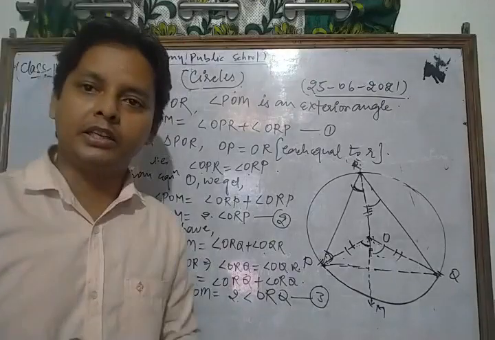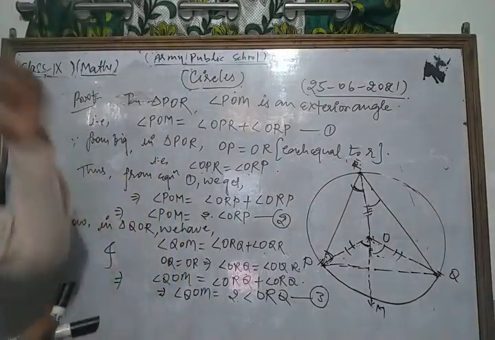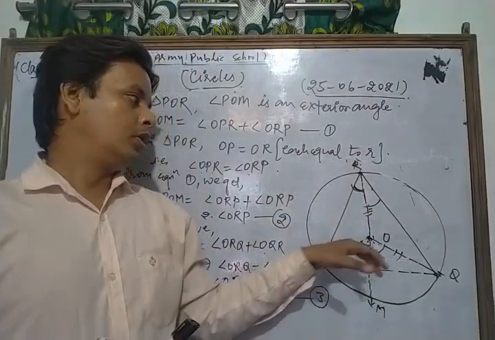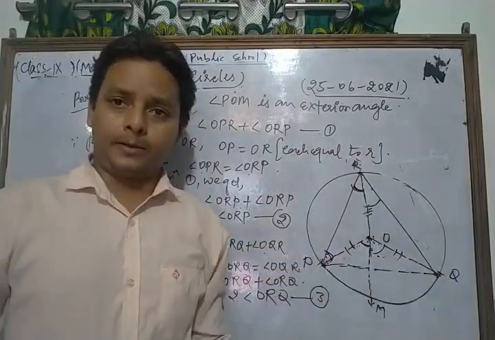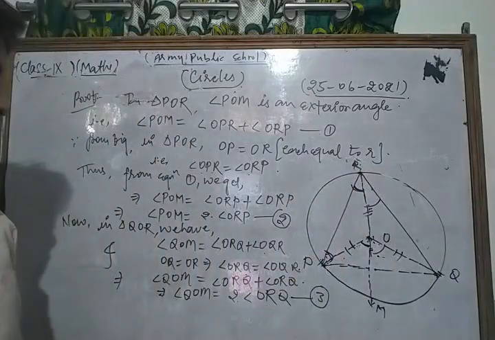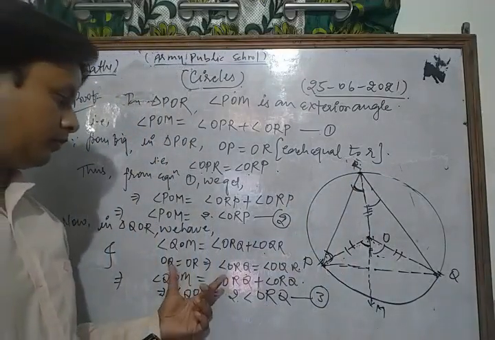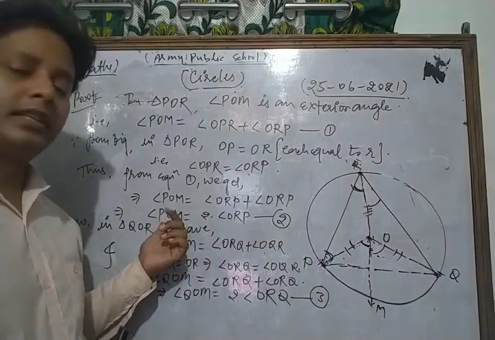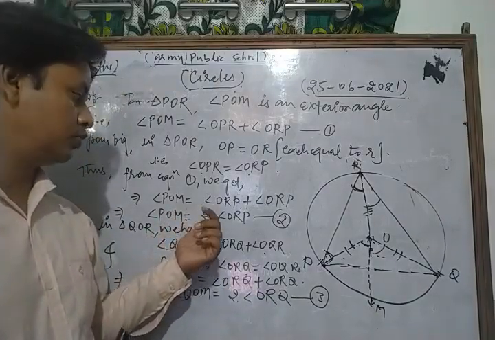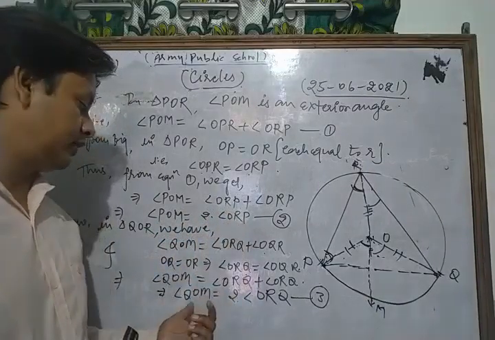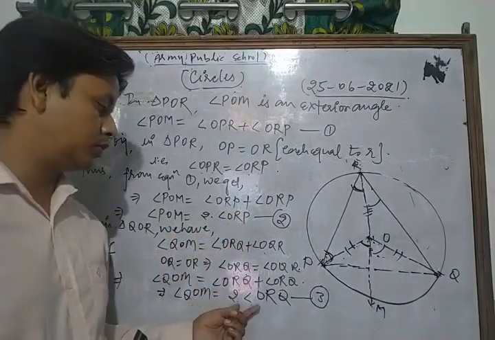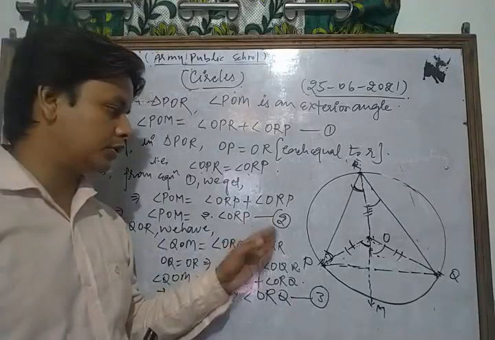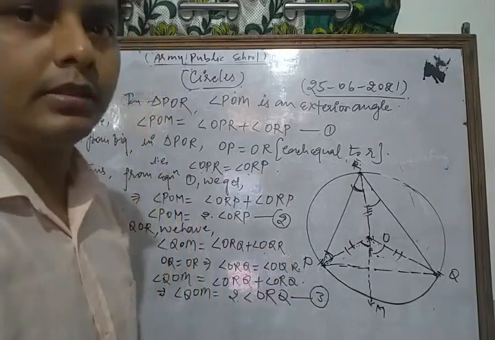Dear students, in this way, with the help of triangles OPR and OQR, we find a very important relation. First, angle POM is equal to 2 times angle ORP. Second, angle QOM is equal to 2 times angle ORQ. Now we add equations 2 and 3.